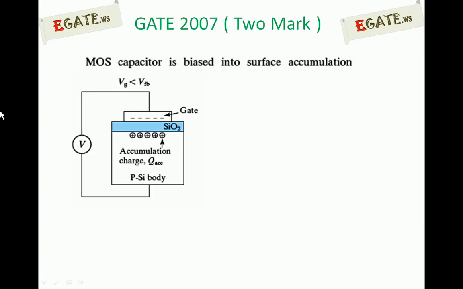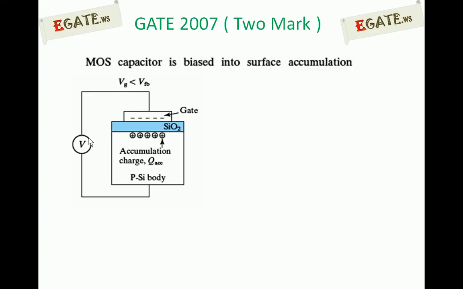Now if you apply negative voltage, that negative voltage tries to attract positive charge carriers from the substrate. Positive charge carriers in the p-type substrate are holes. Holes are attracted towards the silicon dioxide layer and they will be accumulated in the channel region, because they cannot move into the gate side since silicon dioxide acts as insulator.